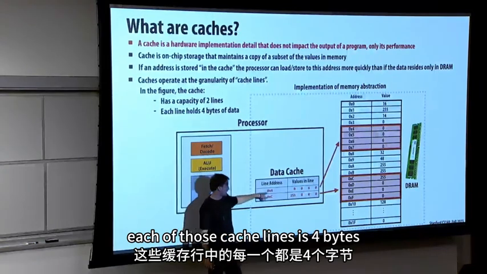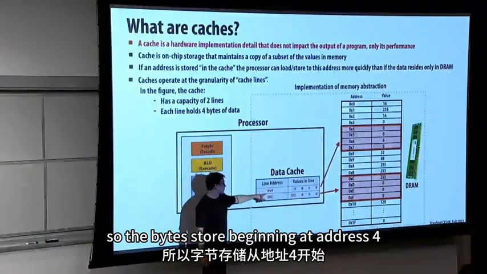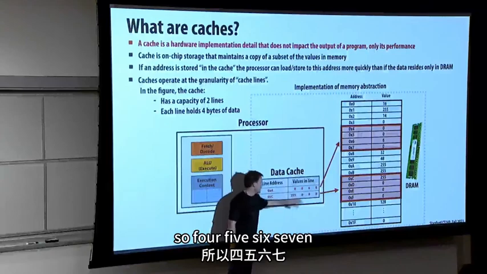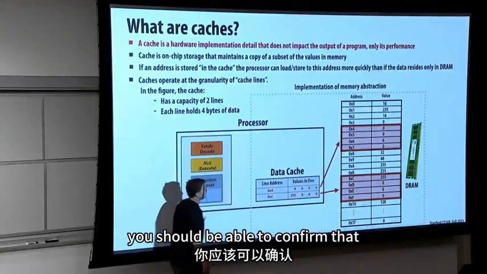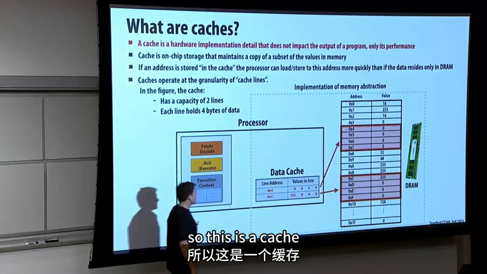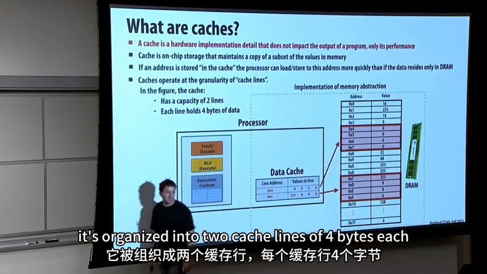Each of those cache lines is 4 bytes. So the bytes stored, beginning at address 4, so 4, 5, 6, 7, are the values out in memory that are replicated in the cache. Okay? So this is a cache that has the ability to replicate 8 bytes. It's organized into 2 cache lines of 4 bytes each.